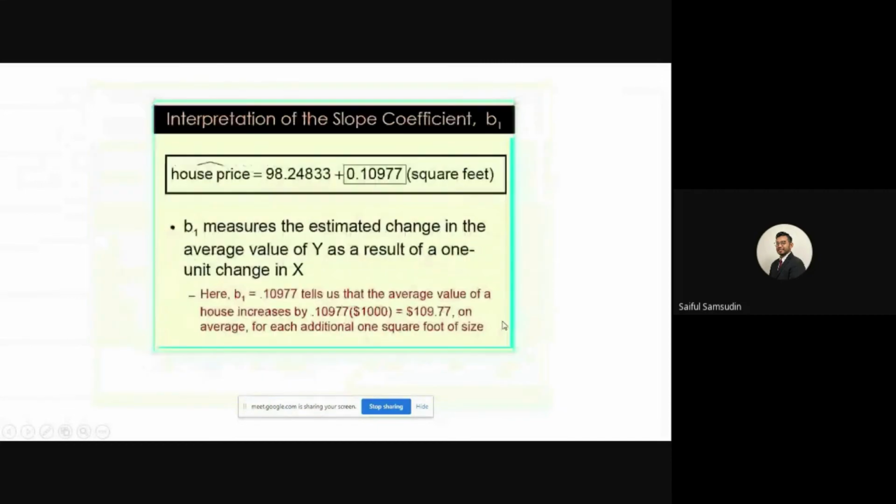So we measure the estimated change in the average value of y as a result of a 1 unit change in x. Do you understand the interpretation of this slope coefficient?